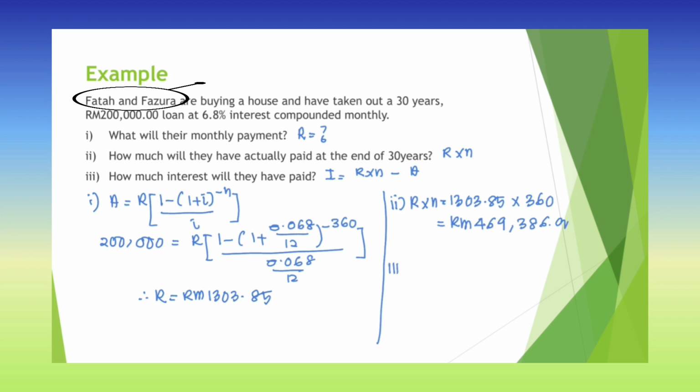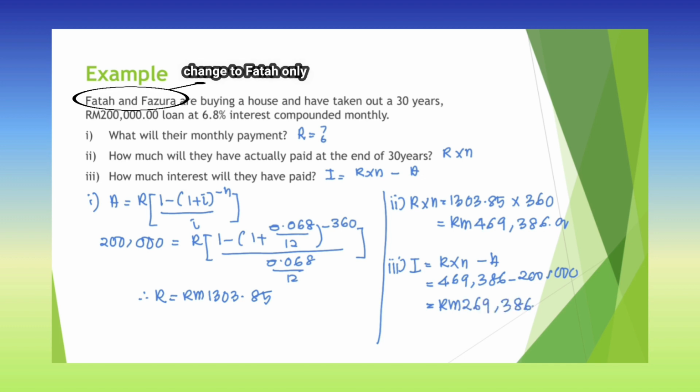Question number 3. Interest equal to R times N minus A. So 469,386 minus 200,000. The answer is RM269,386.